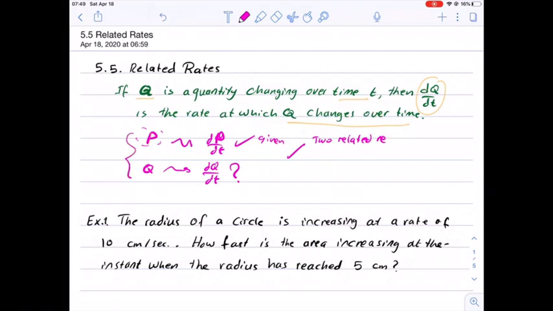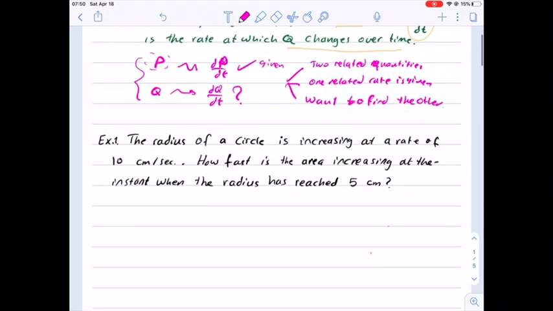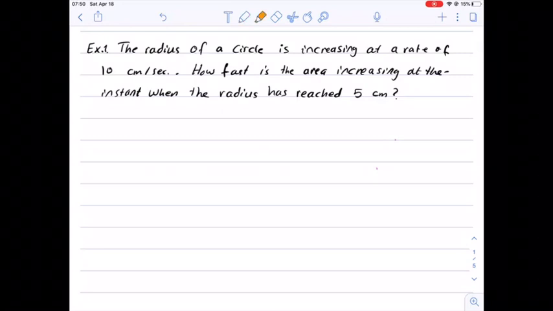Related quantities means there's some relationship between P and Q. One of these related rates is given, and we want to find the other related rate.